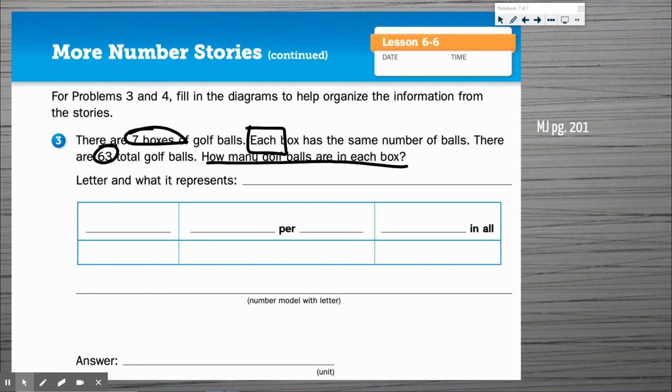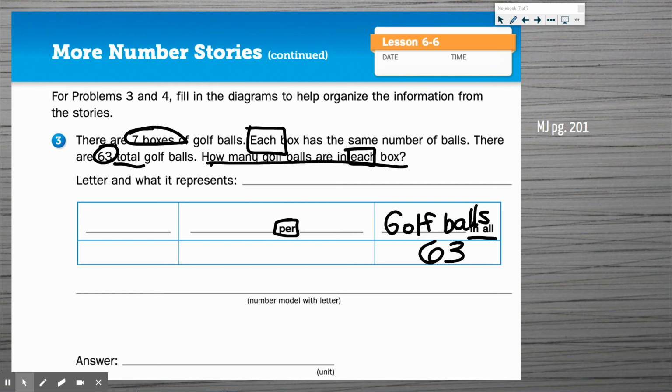And I'm looking for the number of golf balls in each box. So I know my total. I know my total is the same as in all. So I have golf balls in all. And there are 63. I want to know how many golf balls are in each box.